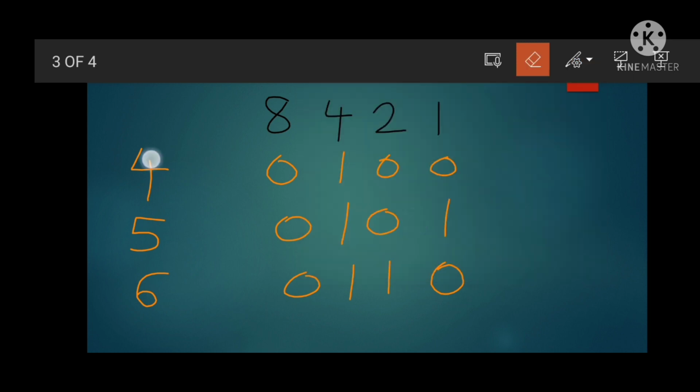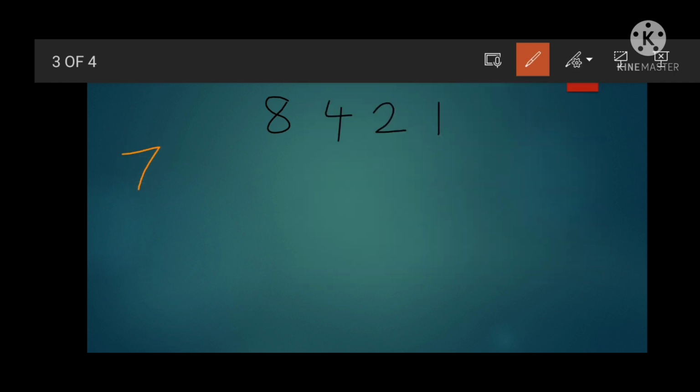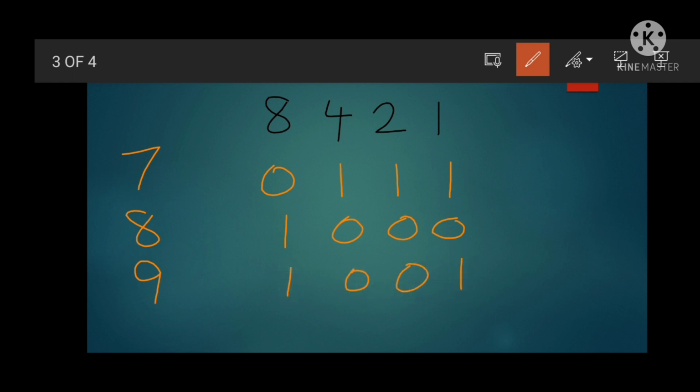Okay, now going to the next set of numbers. 7, 0, 1, 1, 1. 8, 1, 0, 0, 0. 9, 1, 0, 0, 1. Are you understanding? I hope you are. 7, because 4 plus 2 plus 1 makes 7. 8, here it comes. 9 is 8 plus 1.